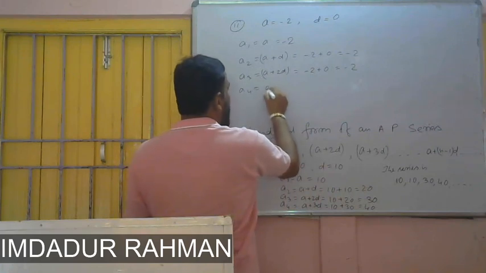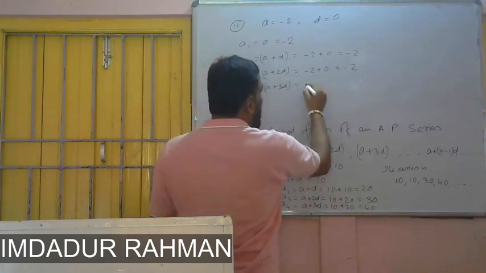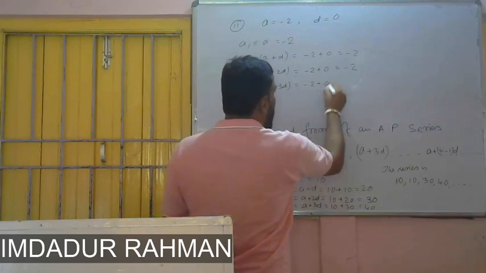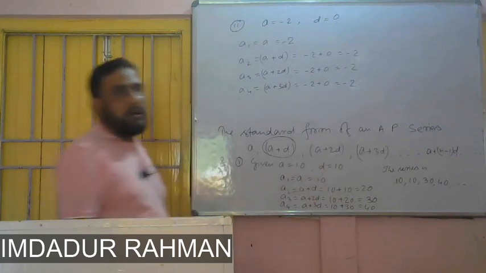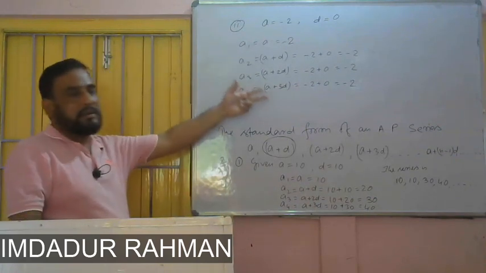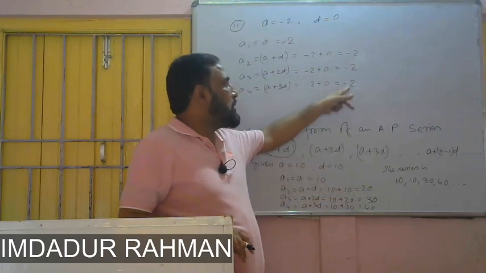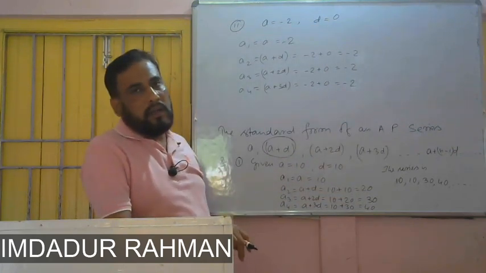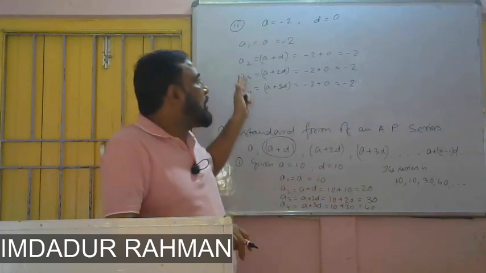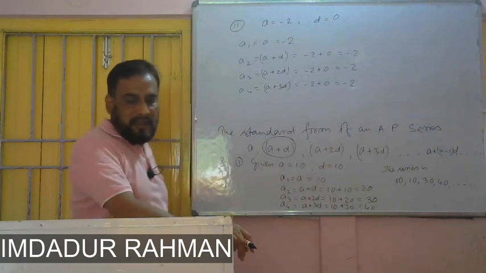A4, like this, A plus thrice D is equal to minus 2 plus again 0, equal to minus 2. So the first 4 terms are minus 2, minus 2, minus 2 and minus 2. Why is it so? Because the common difference is 0, nothing to add. So all these terms will become minus 2.